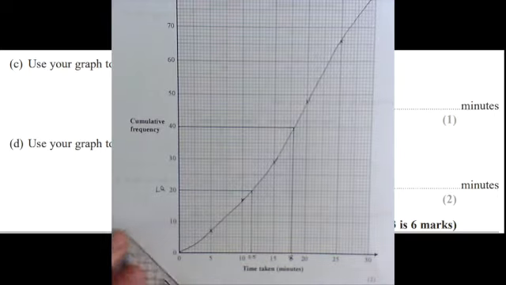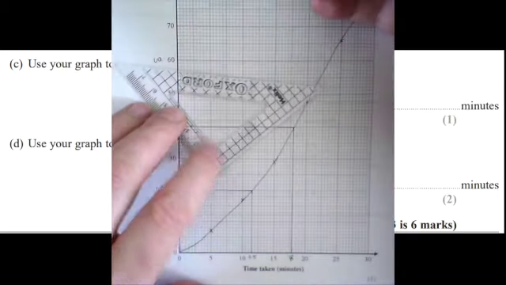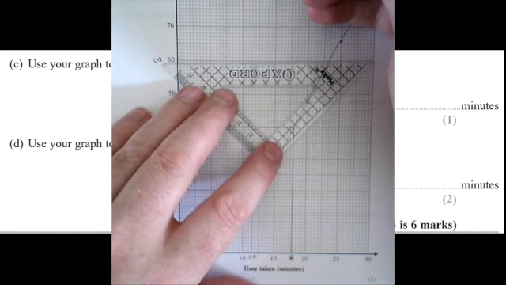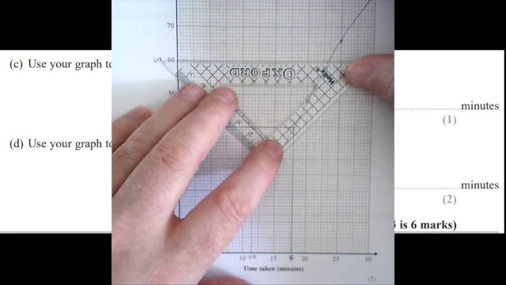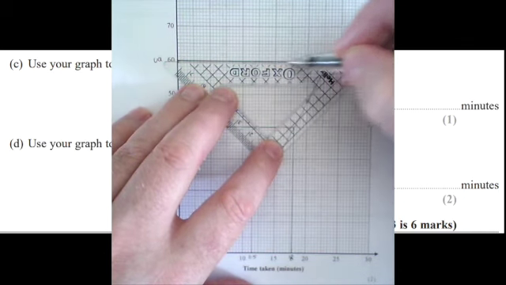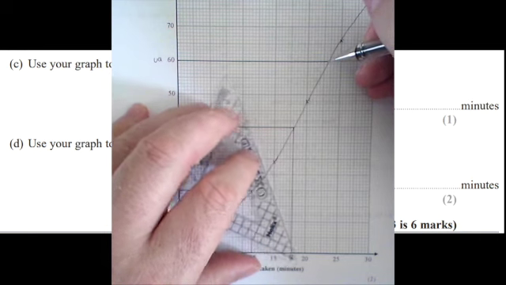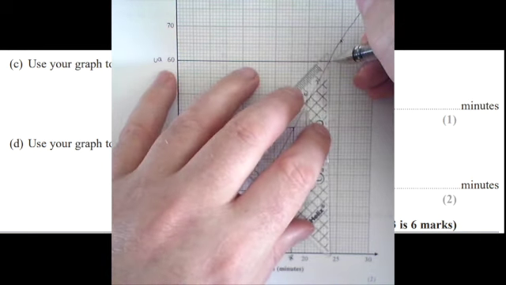Now I need to find the upper quartile. Well, three quarters of 80 is 60, so that's the upper quartile. Same thing again, go along the 60 line and then come down and read off the value as carefully as you can. And that should help us work out the interquartile range, which is the last part of this question.